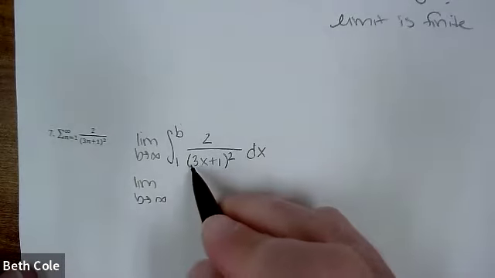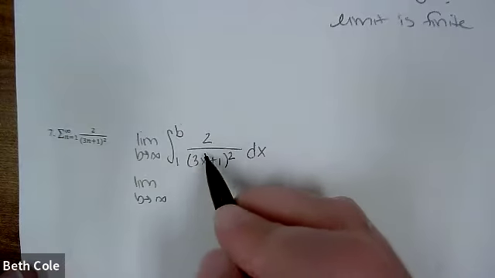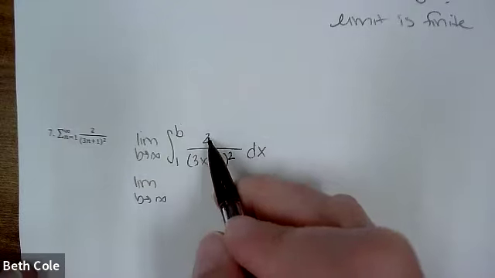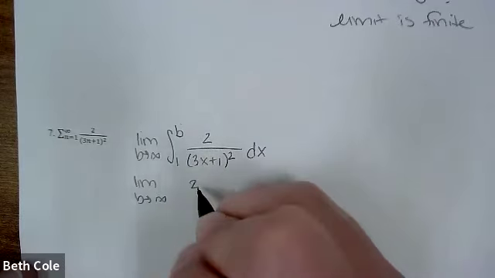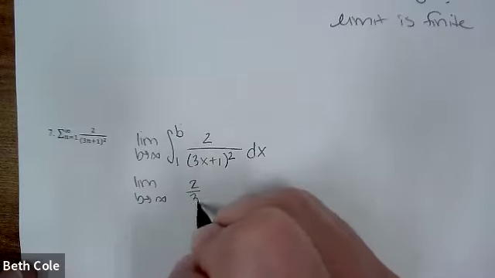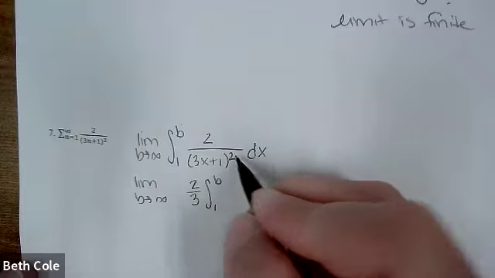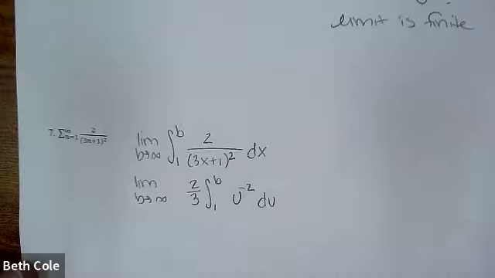I'm going to need to do a u substitution. You can write it out if you want to, but u is going to equal this part. We're going to need a 1/3 as our adjustment number, and then there's a 2 already there. So normally I would just stick a 1/3 out front, but we have a 2 already there. So I'm going to put 2/3, and then it would be u to the -2 in the denominator, so it is negative.